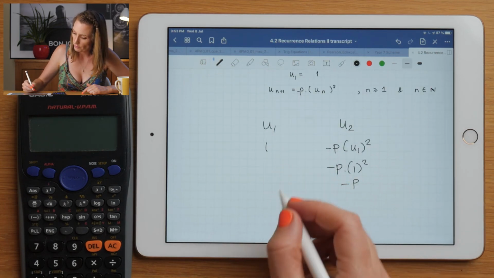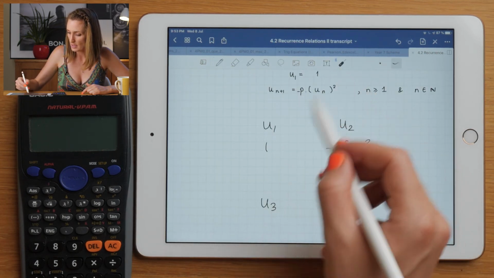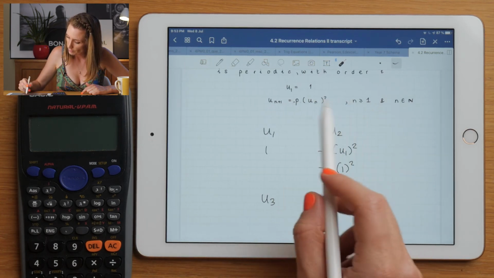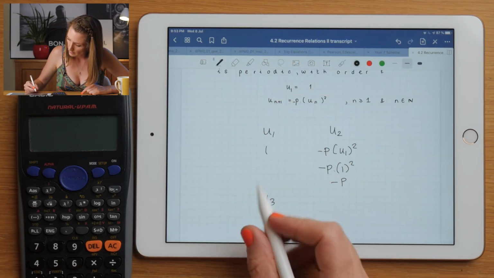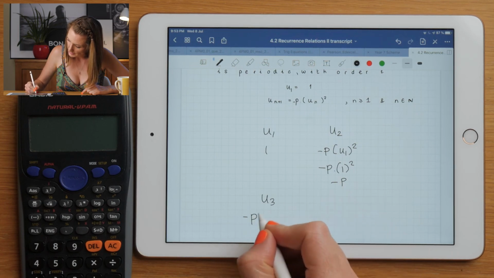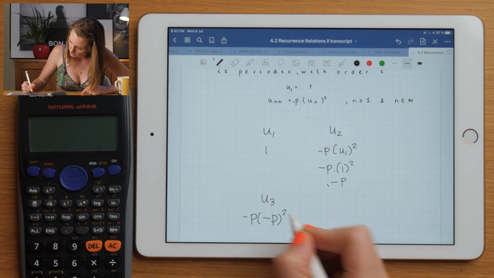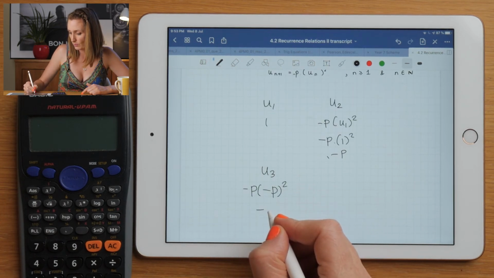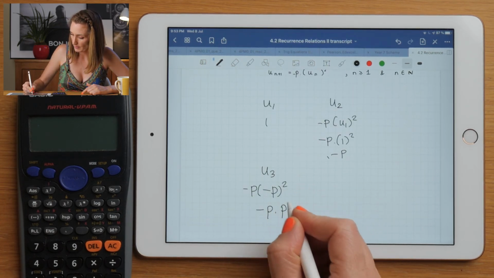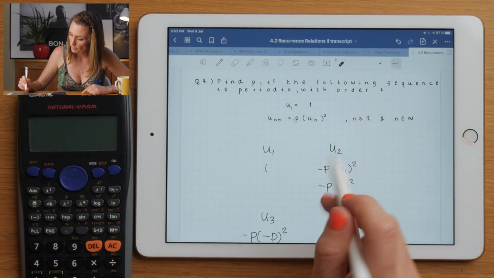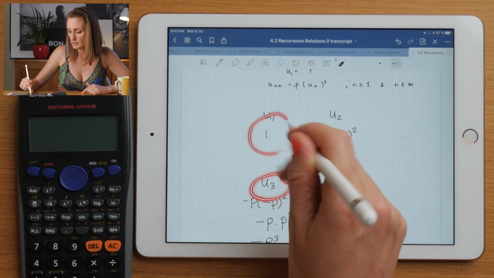Now we're going to get that U3 should have the same answer as U1 because the period is 2. So U3 would be minus P times U2, which was minus P, squared. So U3 would be minus P times P squared, which would be minus P cubed. But we know that U3 should be the same as U1.